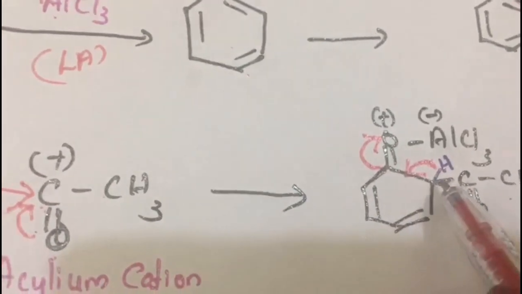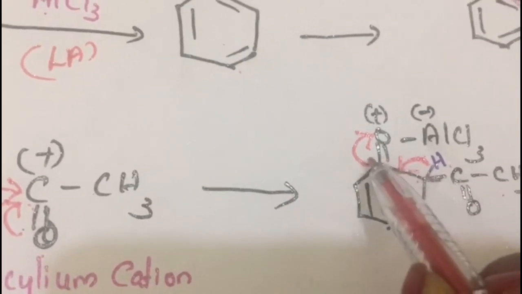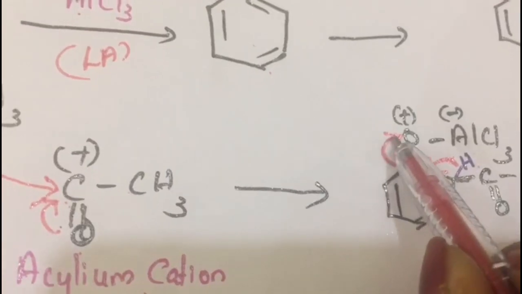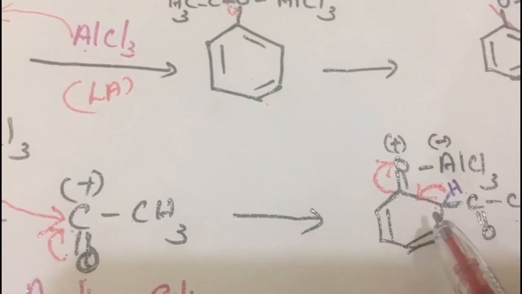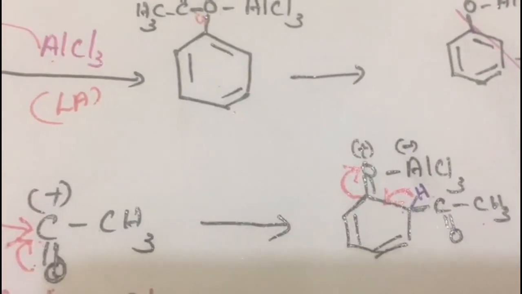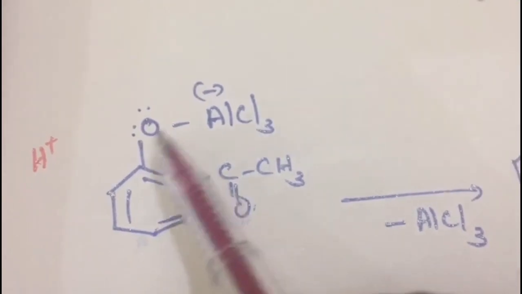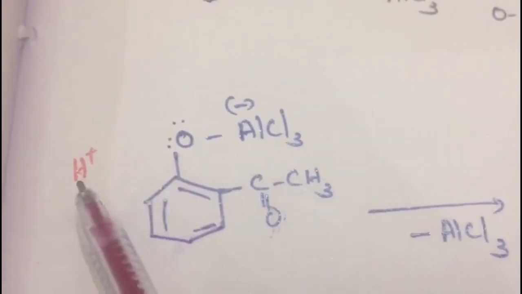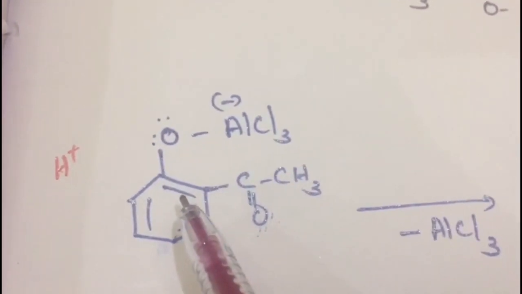This H will move as H plus ion, that electron will be with this carbon, this double bond is broken, and this electron is shifted towards this oxygen. So here benzene retains its aromaticity or its sextet back. Now we get the product C6H5O AlCl3 minus COCH3, and here one H plus is there that was removed from this carbon to attain the aromaticity.